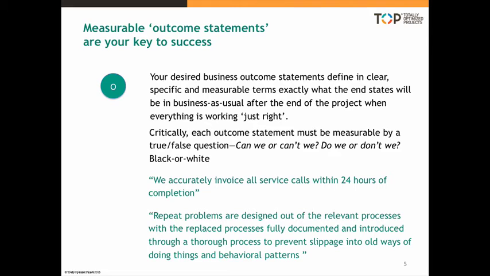Have they been designed out of the relevant processes? We know what the repeat problems are. And have they been fully documented and introduced through a thorough process? And have we prevented slippage? We can measure all these things. So outcome statements can be made measurable, and we want them to be made measurable by a true-false question.